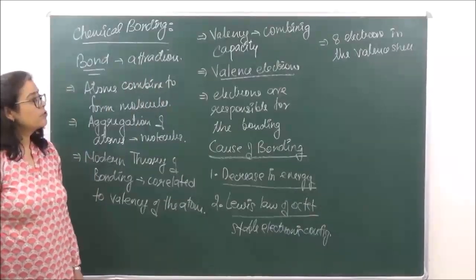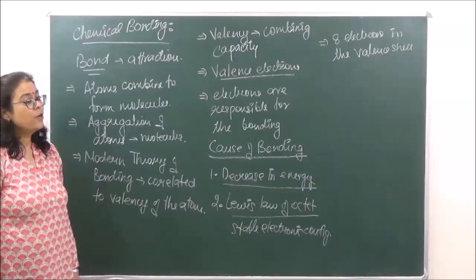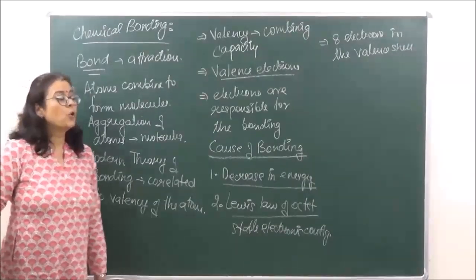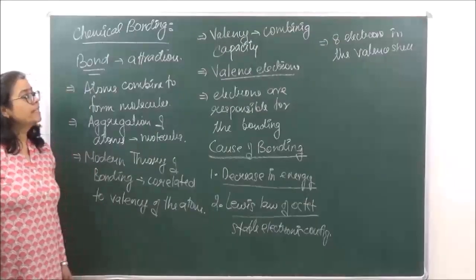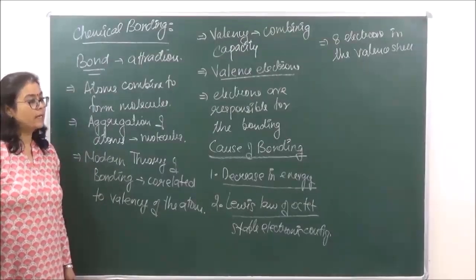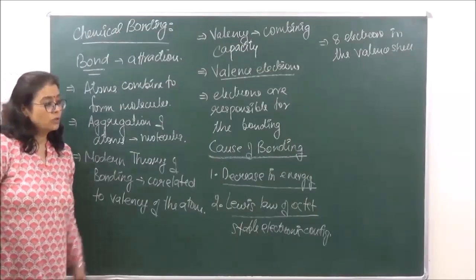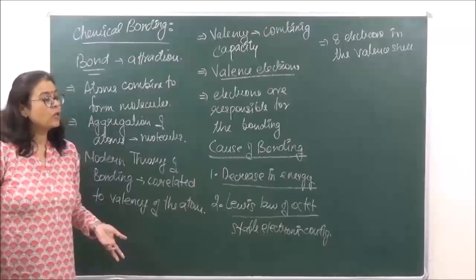So basically, the octet rule is the ability or tendency of any atom to attain a noble gas configuration of 8 electrons in the outermost shell. Okay. Now atoms have an urge to go to this 8 electron system.